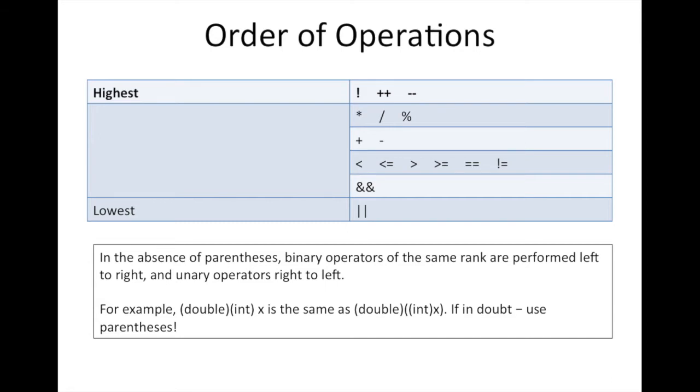In the absence of parentheses, binary operators of the same rank are performed left to right, and unary operators right to left. For example, the two expressions shown are equivalent. If in doubt, please use parentheses.